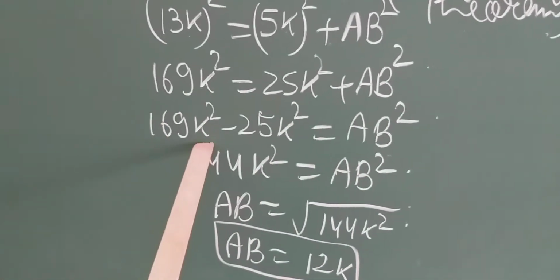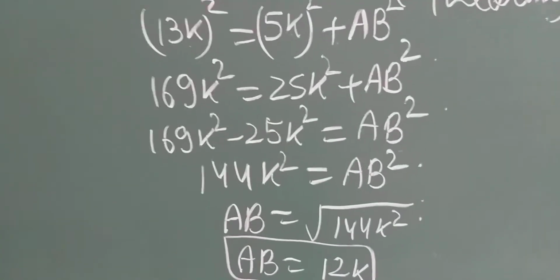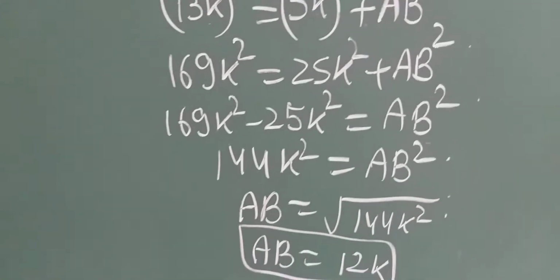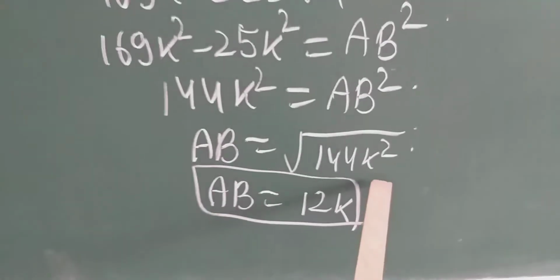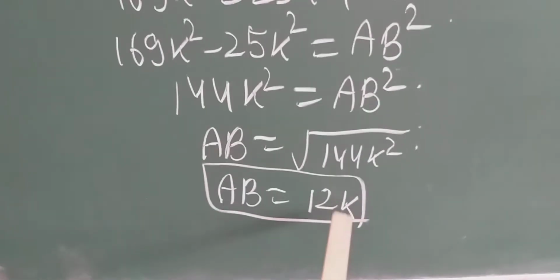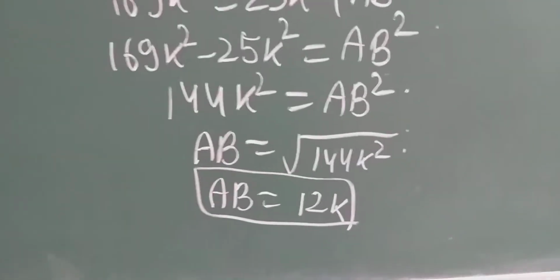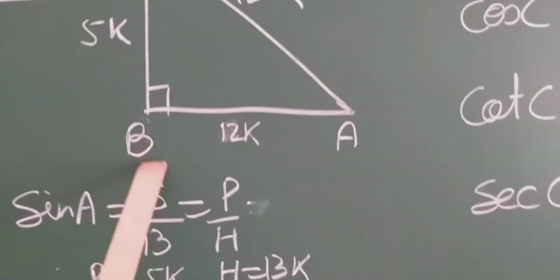So 169K square minus 25K square equals AB square. So 144K square equals AB square. So AB equals root of 144K square. AB equals 12K. The square root of 144 is 12. Okay, students. So we have got base 12K.